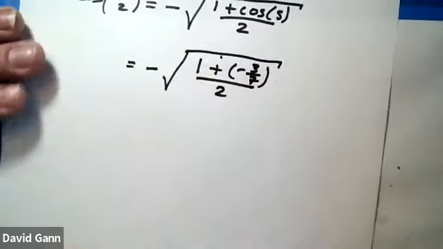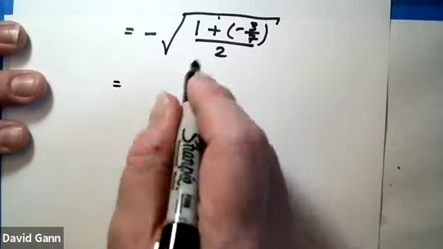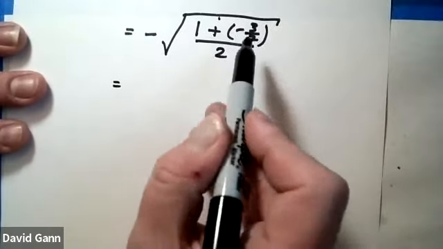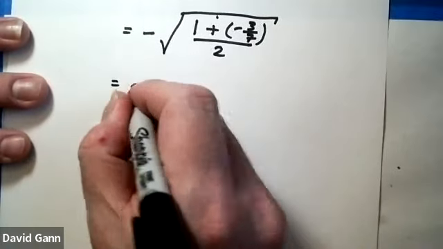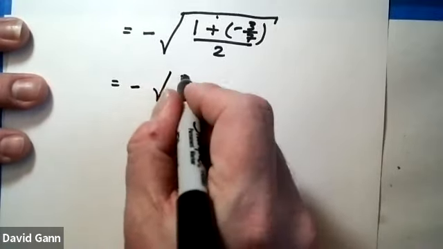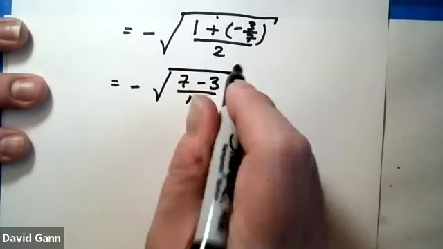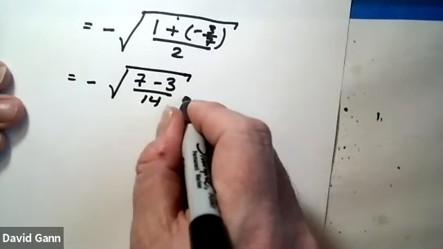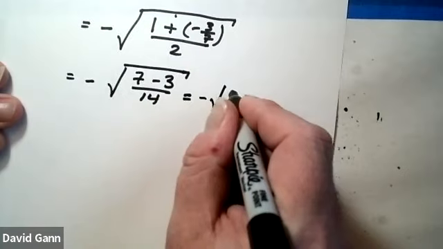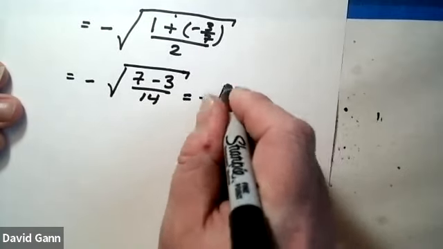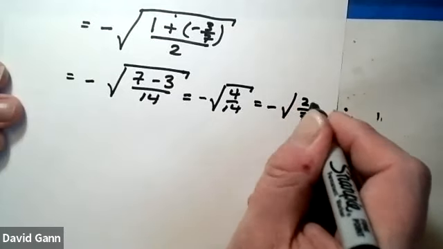We're going to end up with that weird radical again. So this reduces down, since we've already done it, I'm going to multiply everything by 7 over 7. You end up with the square root of 7 minus 3 over 14, which simplifies to negative square root of 4 over 14, which equals negative square root of 2 over 7.